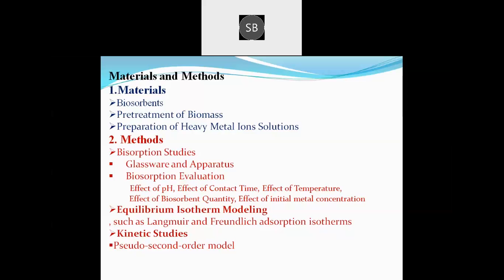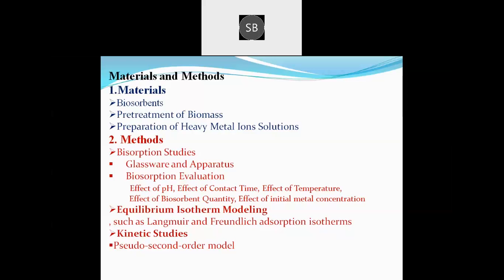And at what temperature the heavy metal will adsorb, that temperature we have to optimize. Then the biosorbent quantity, whether it requires 1 gram, 2 gram, 3 gram, 4 gram, etc. That should be optimized. And how much metal ion concentration we require to carry out the biosorption process should also be noted.